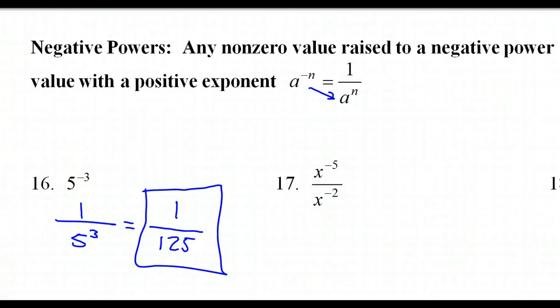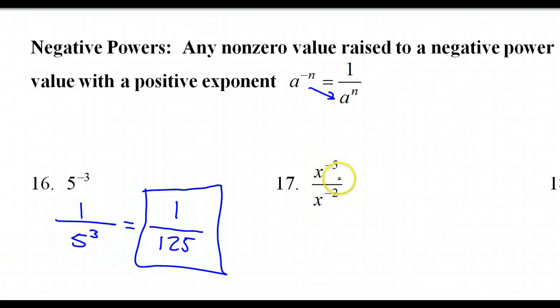Okay, number 17. Now, this I have to think a little bit because I have negative exponents in the numerator and denominator. Lean closer. Listen to me. If you have negative exponents, the way I think of it is these expressions are on the wrong side of the fraction.